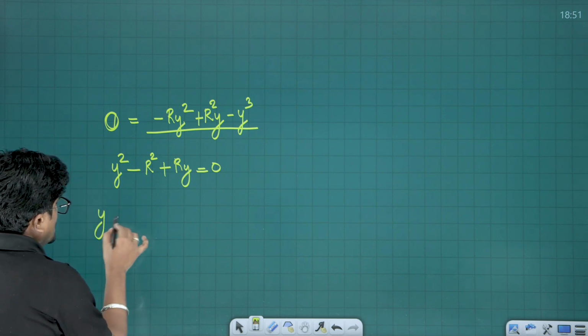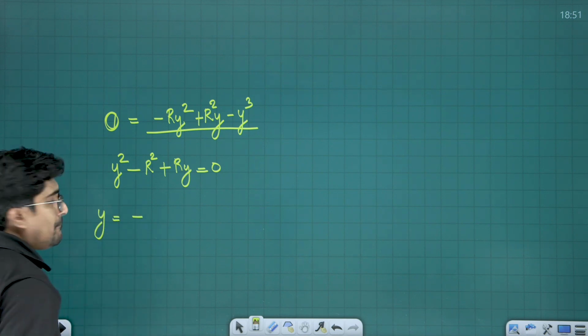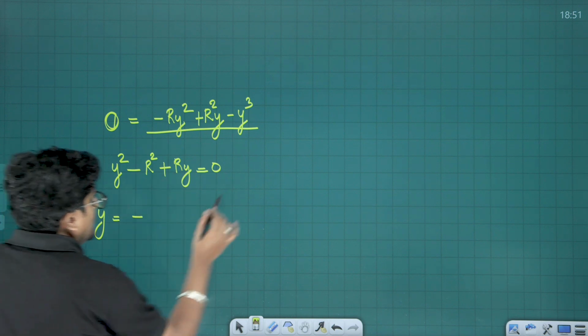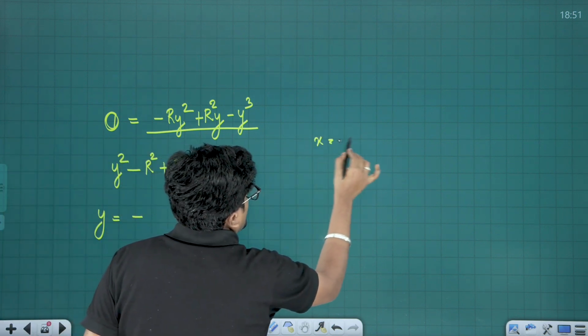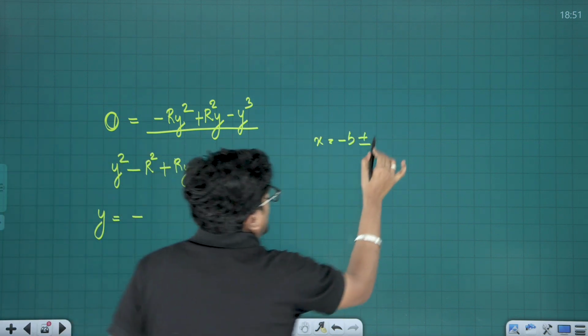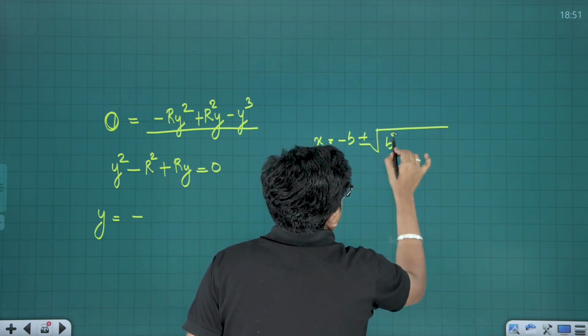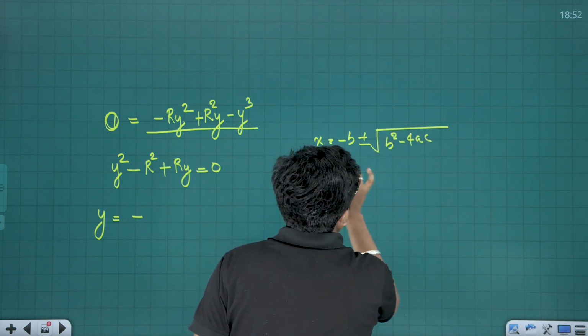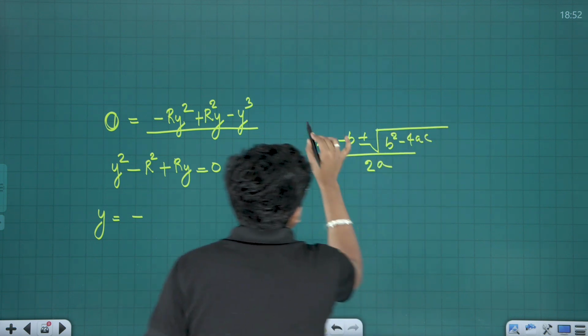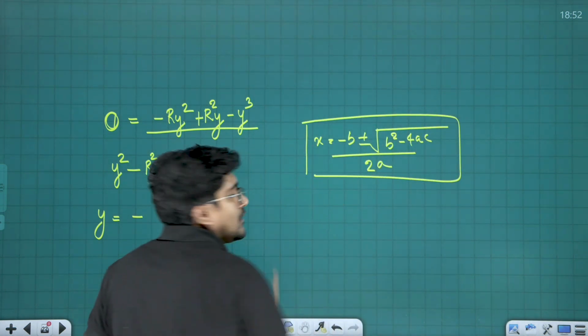Now y is going to be, we know that x is equal to minus b plus or minus under root of b square minus 4ac upon 2 times a. This is a general expression, isn't it?